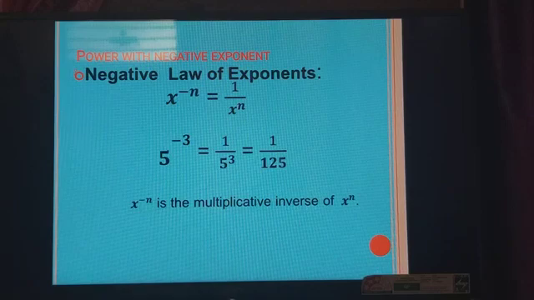From that concept we get that x raised to negative n is the multiplicative inverse of x raised to n. It means that when we multiply x raised to negative n with x raised to positive n, we get 1 as the product.